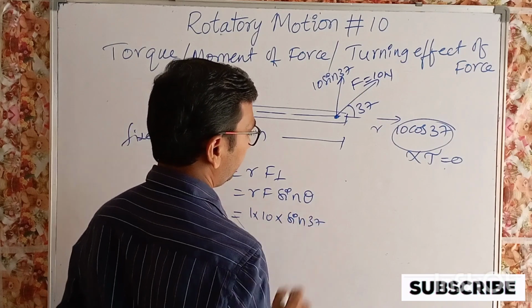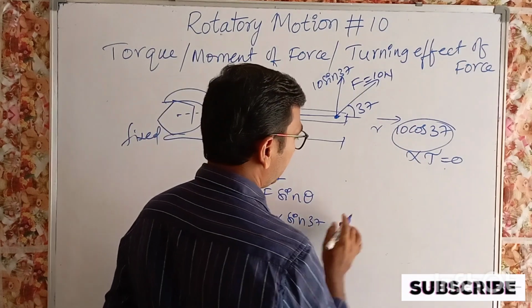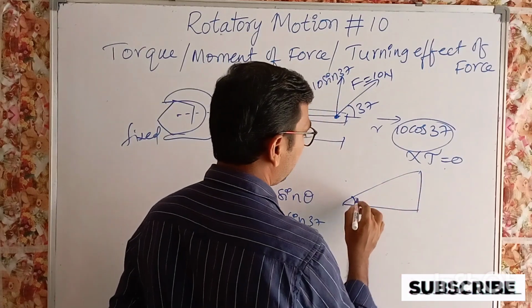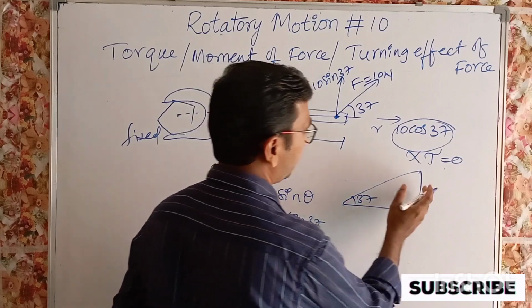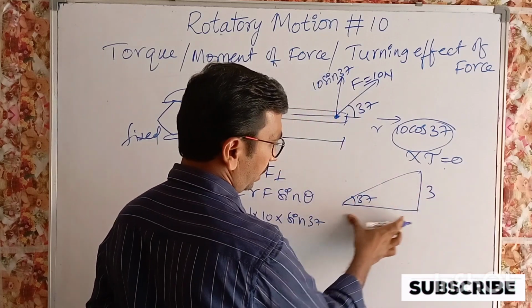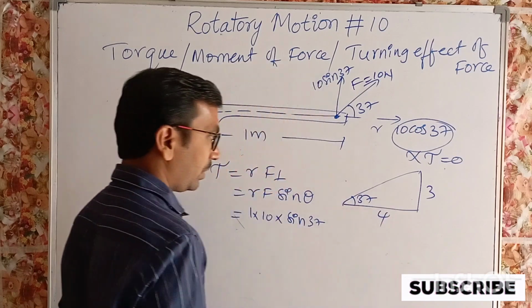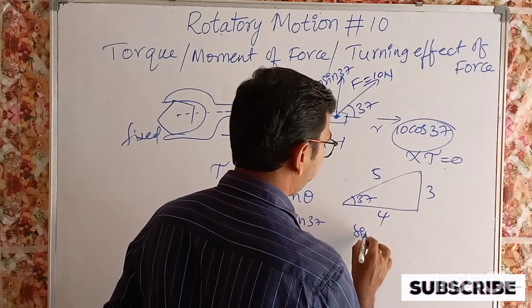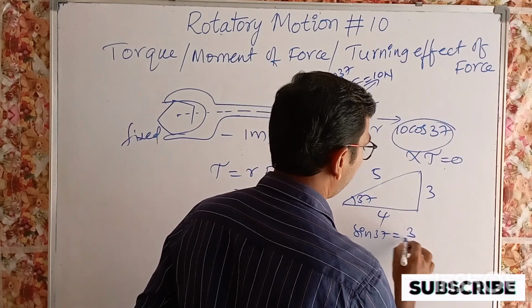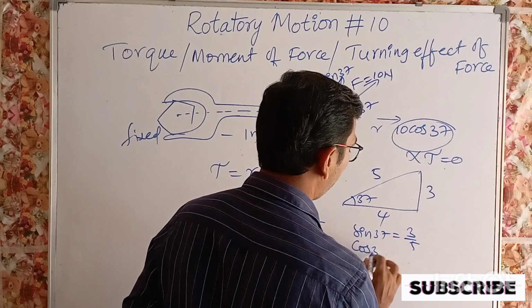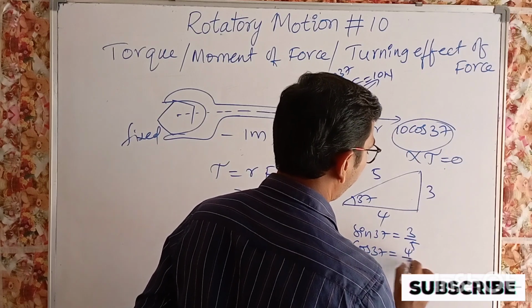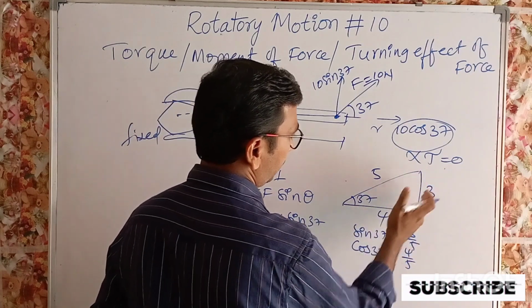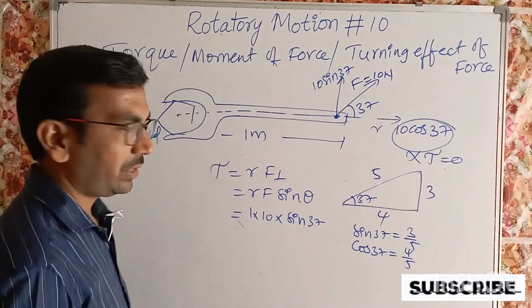Using this right angle triangle, if this angle is 37, the opposite side is 3, the adjacent side is 4, and the hypotenuse is 5.